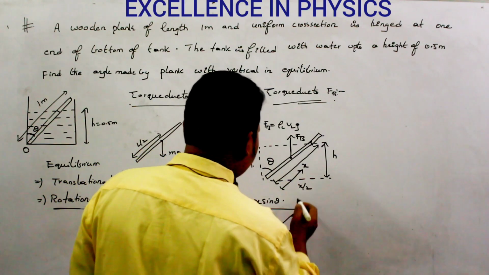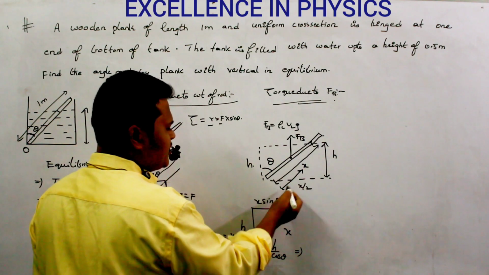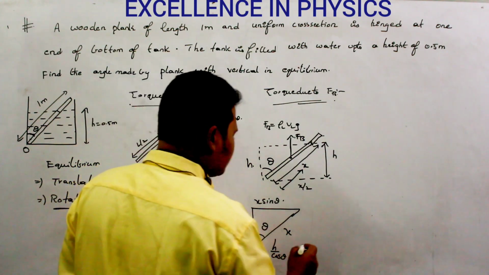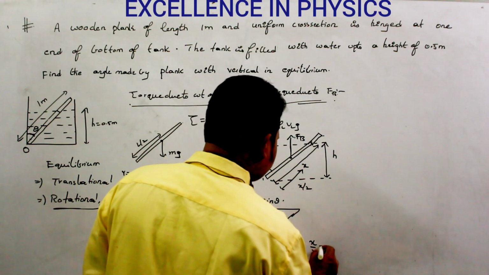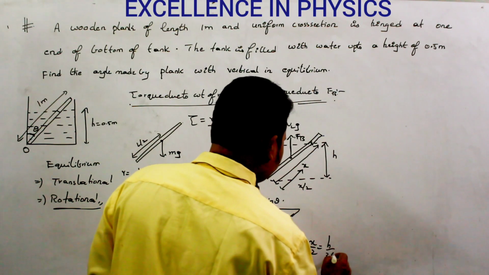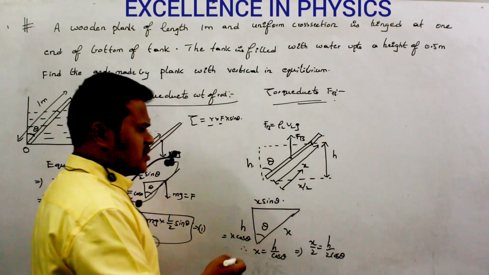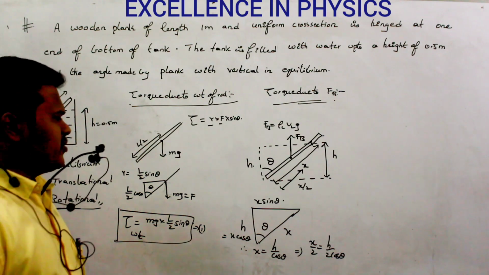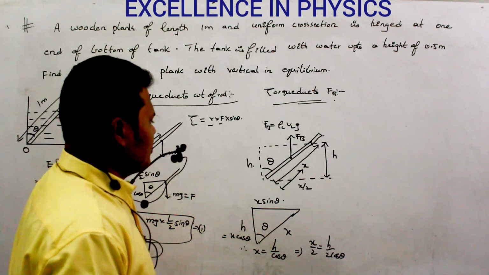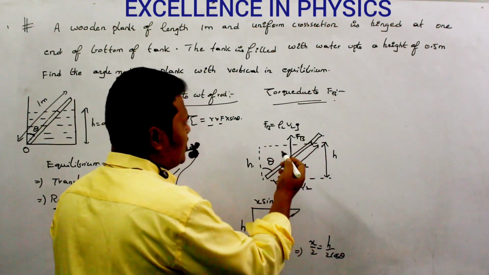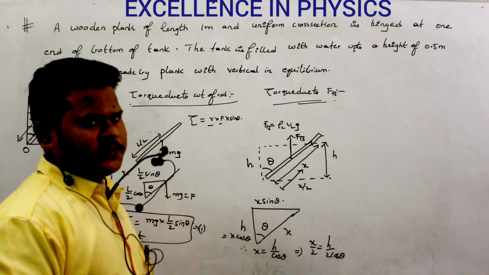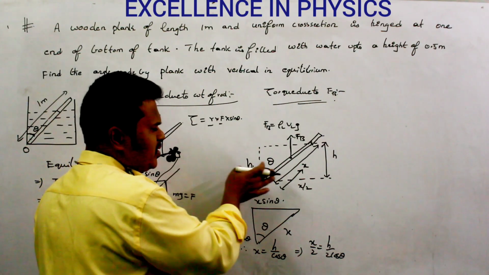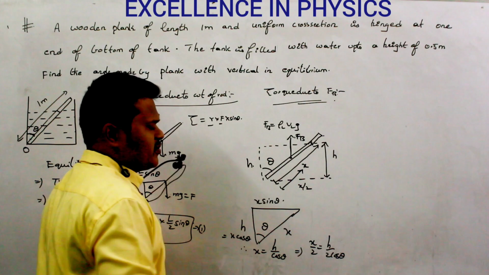But the force of buoyancy is acting at a distance of x by 2 only. So therefore x by 2 is equal to h by 2 cos theta. So this is the position where the force of buoyancy is acting. But I want the torque produced due to the force of buoyancy, so again I want a perpendicular distance to this force of buoyancy.